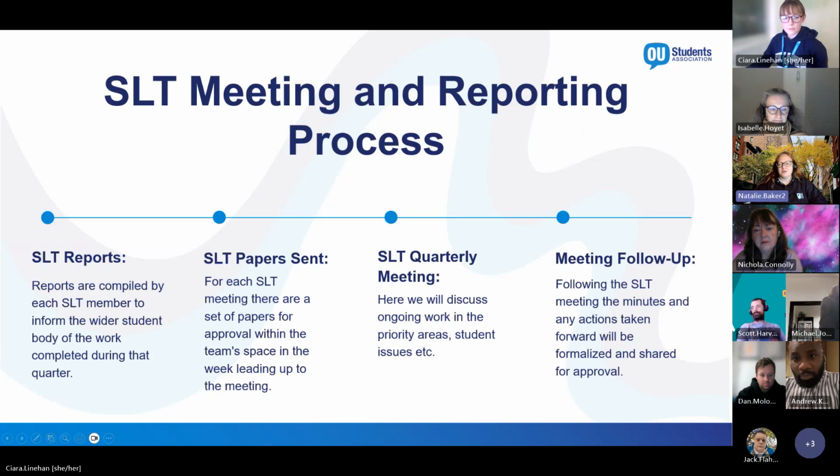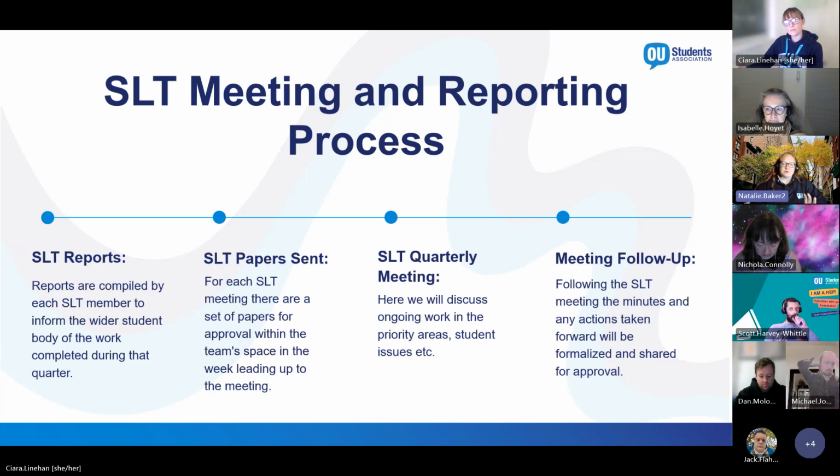So just a brief outline of the process in terms of SLT meetings and reports. We have a meeting every quarter that all SLT members attend, and it's a place for us to discuss areas of work.